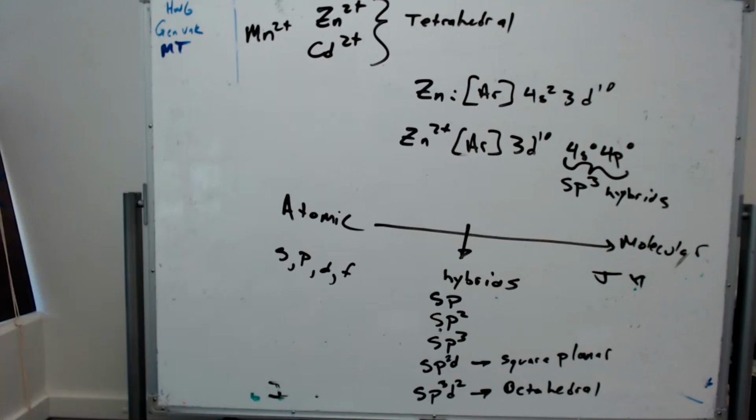I'm confused. We learned about hybrids in a very, very weird way, with very weird models. We had these crazy things that we had to draw that no other class had to do. I think you're talking about the atomic orbital overlaps. Yeah, I make my class do that as well.